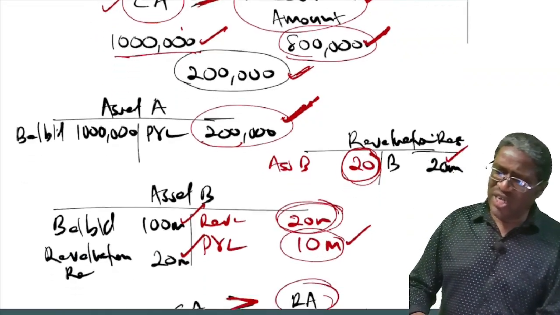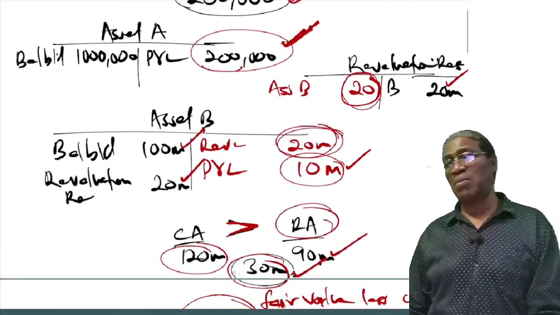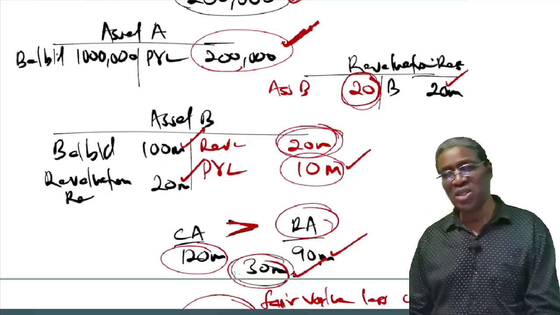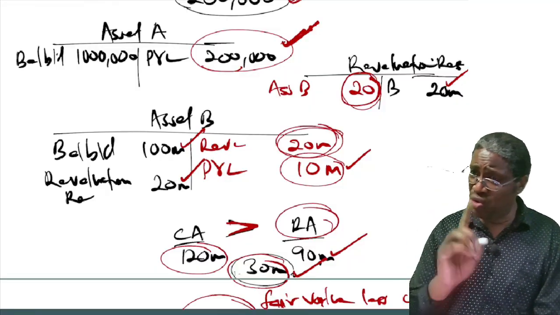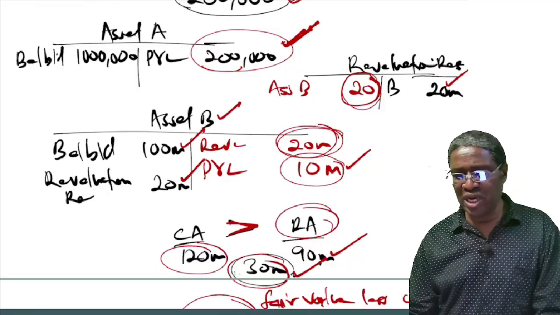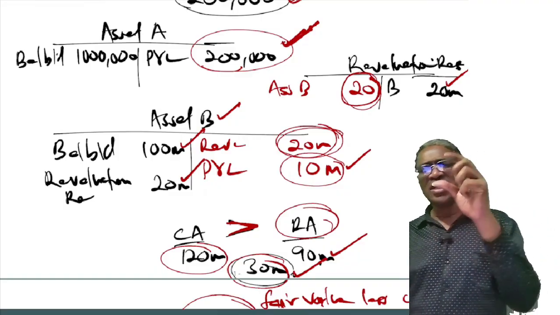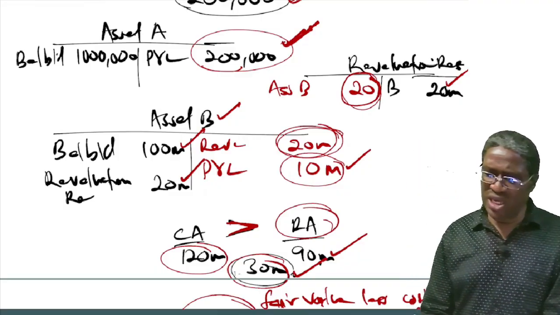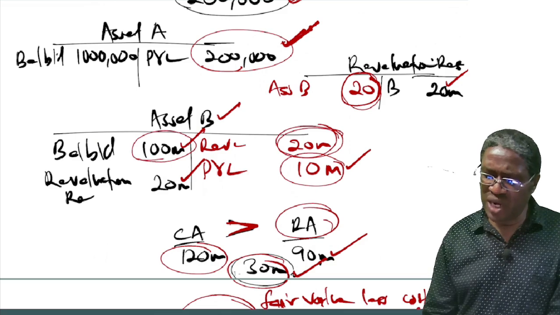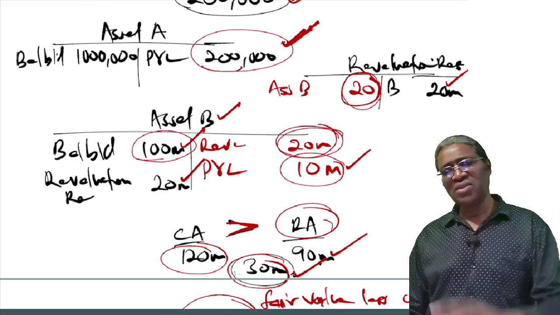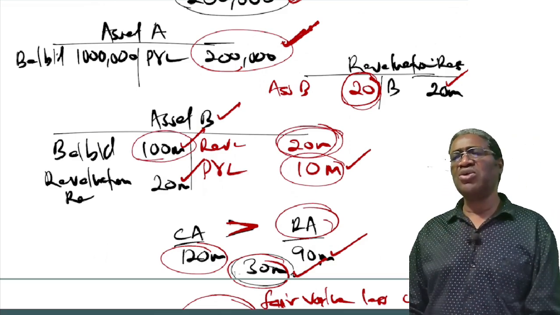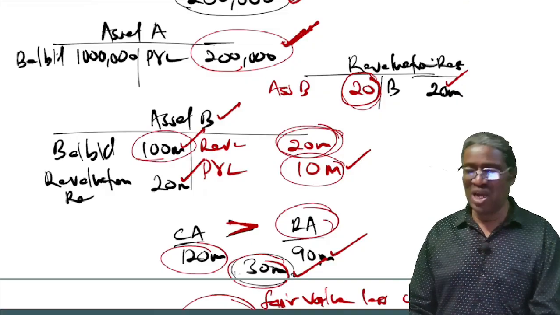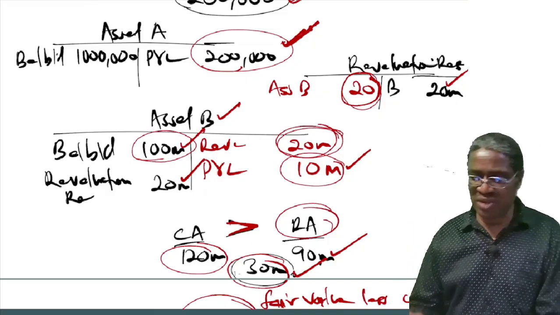Then I developed the example further and told you, suppose you have another asset, which we are calling asset B. By the beginning of the year, it had a book value of 100 million. Then during the year, as a company, you revalued it by an extra 20 million.